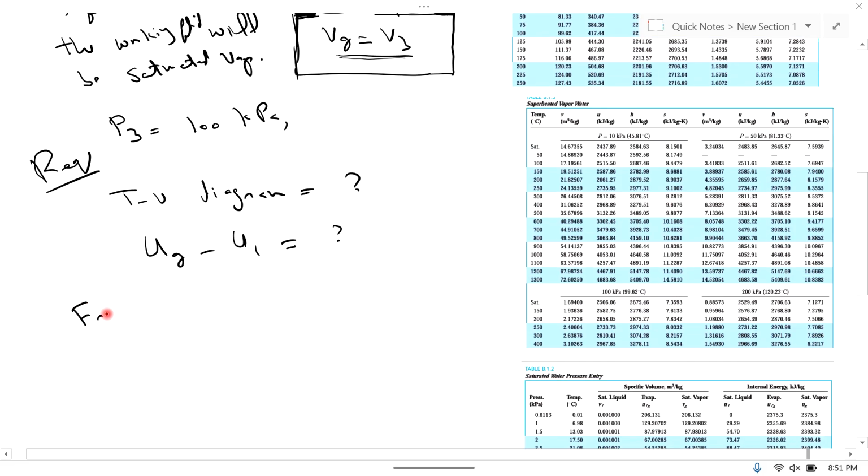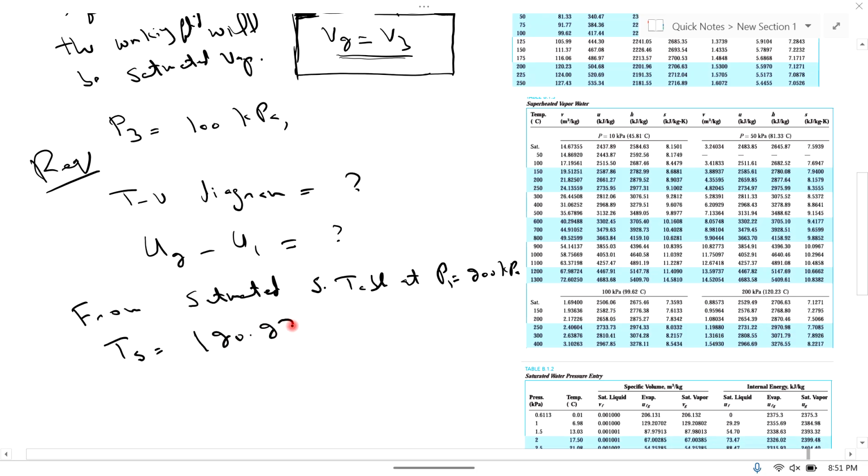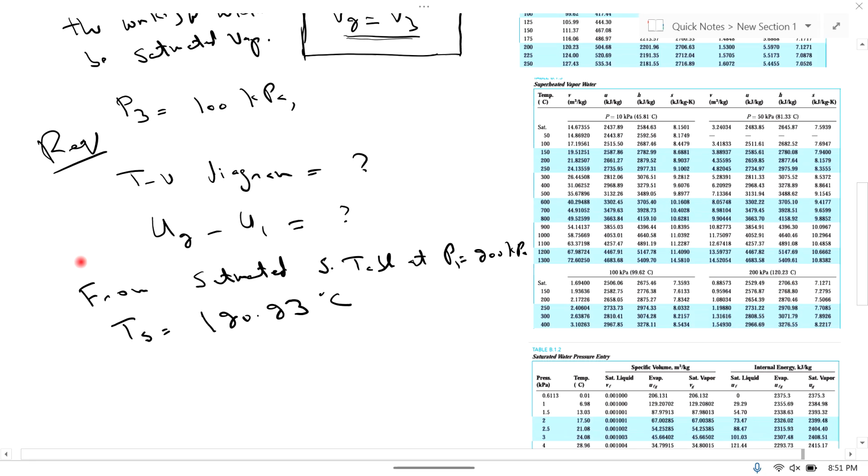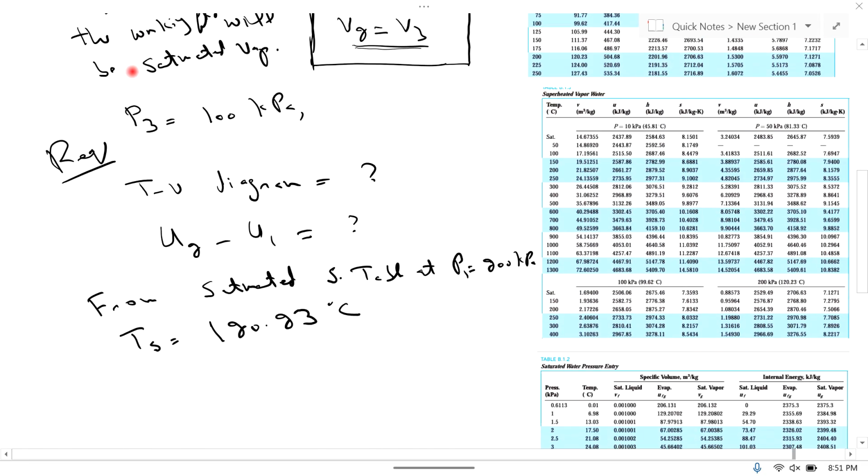From the saturated steam table, at pressure P1 equal to 200 kilopascal, the saturation temperature is 120.23 degrees centigrade, and the temperature given to us is 300.